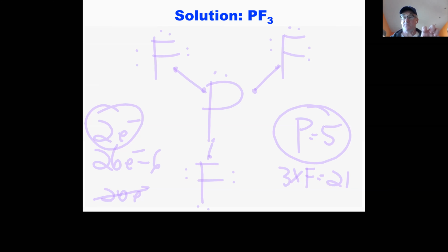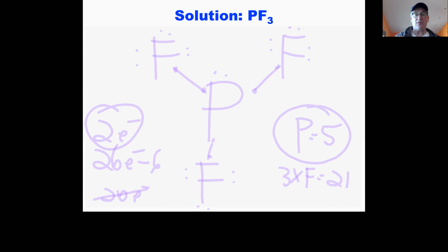Five. Where do you get them? 2 from the lone pair and 1 each from the bonds. Excellent, that is right. Remember, we talk about valence electrons when we want to talk about the formal charge on each of these atoms.